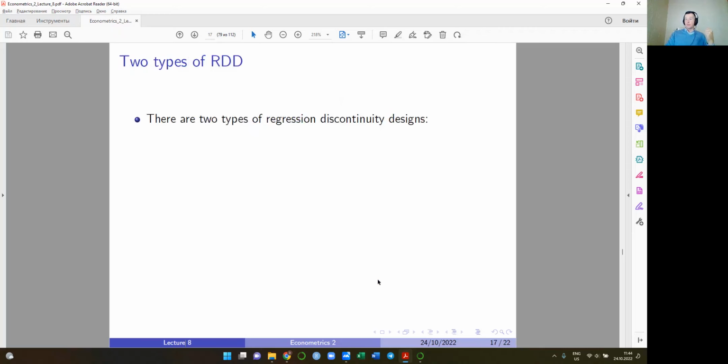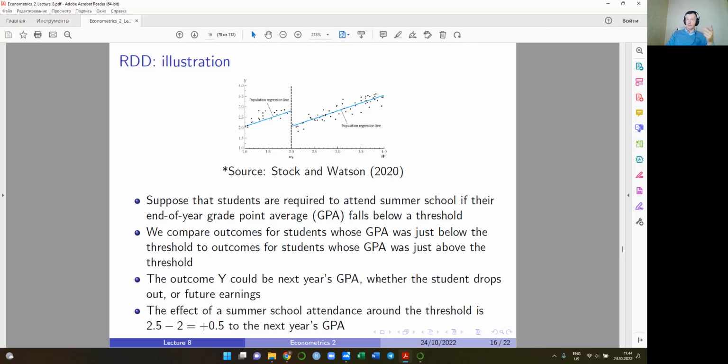Well, there are 2 types of RDD. In this case, you also may ask, well, if this is obligatory for the person to go to the summer school, what if some of these people would not go? What if some of these people would ask to go to the summer school?